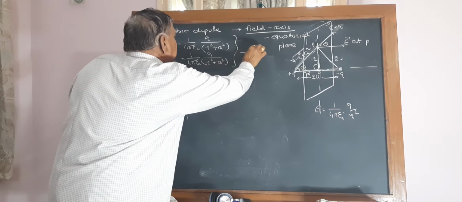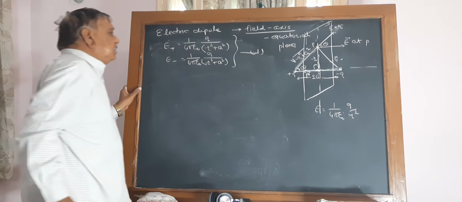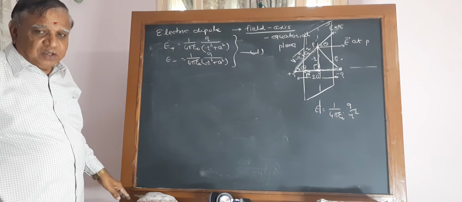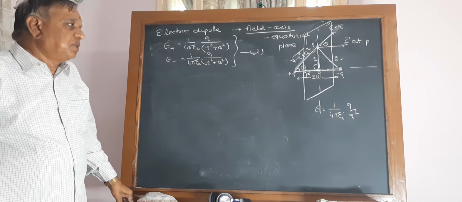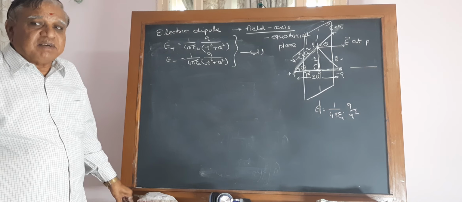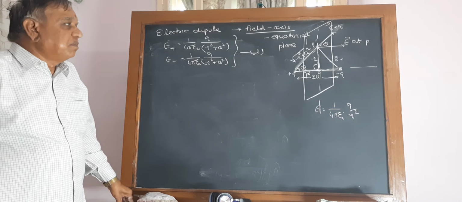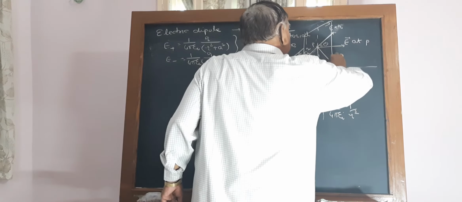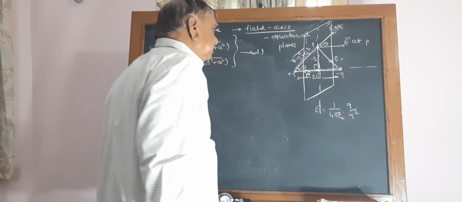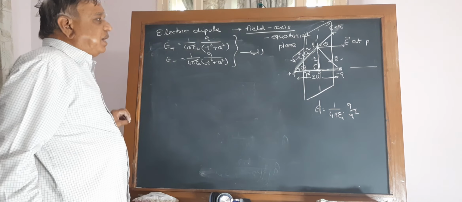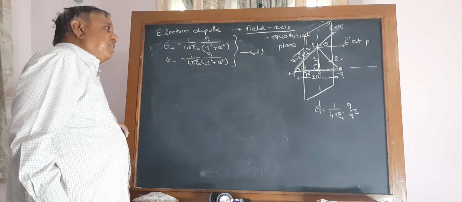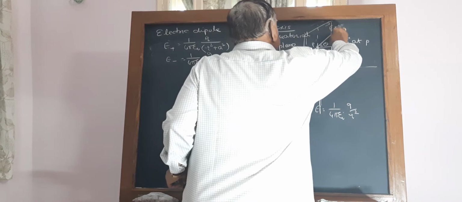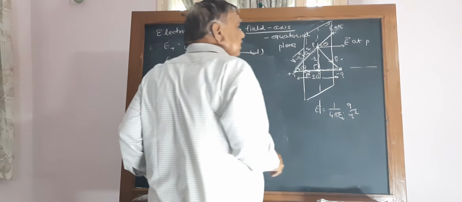From both equations, it is clear that both fields at point P due to plus Q and minus Q are equal in magnitude, but the directions are as shown in the figure. Now we have to add them vectorially. E plus is along this direction, E minus along this direction.